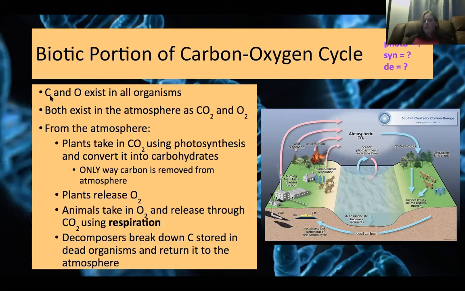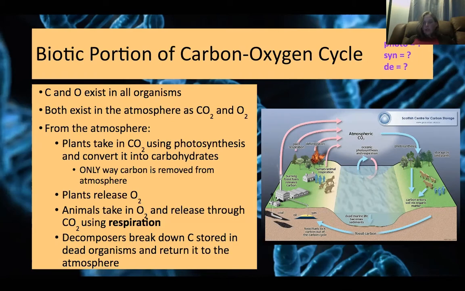Due to its chemical structure and its 4 valence electrons, carbon can bond with other elements and molecules in any direction, which gives it a lot of opportunity to make different shapes in these molecules used for life, like carbohydrates, lipids, proteins, and nucleic acids. Carbon and oxygen also exist in the environment, mostly as carbon dioxide and oxygen. Now, they exist in other forms as well, but these are the 2 that we're going to focus on.